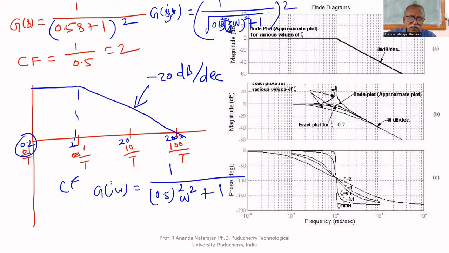So in this case, modulus of, if you square that, what you will get? 1 by, let us assume 0.5 is tau. Generally, let us talk tau square omega square plus 1.